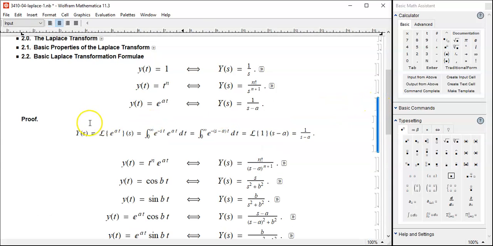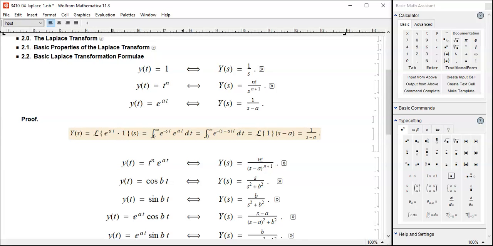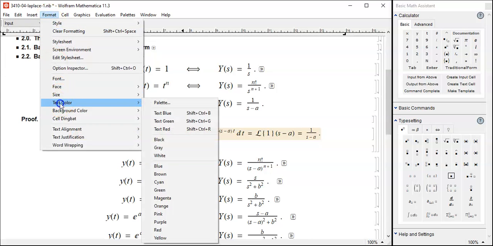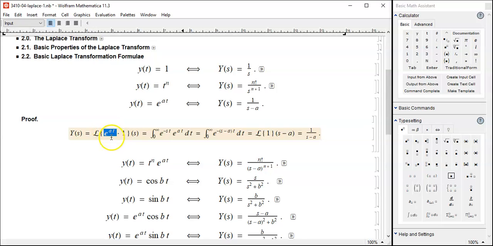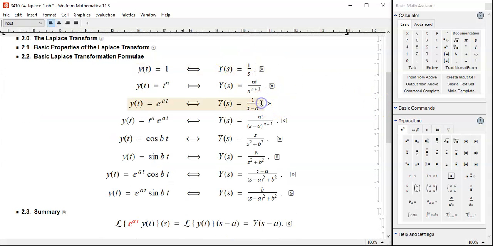Basically it's this, e to the at power times 1, and because of this being the translation, and we have Laplace transform of 1, so we have s minus a replacing s in place of the first formula, and that's how you get s minus a.